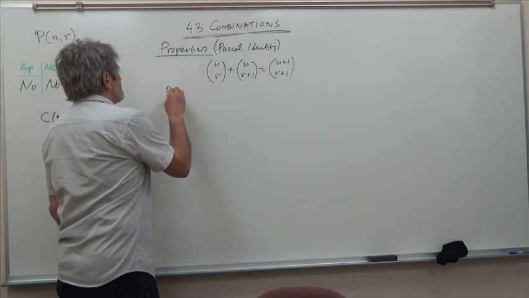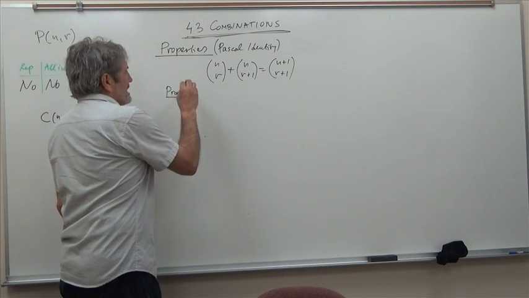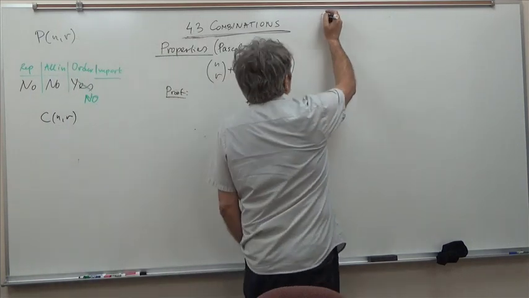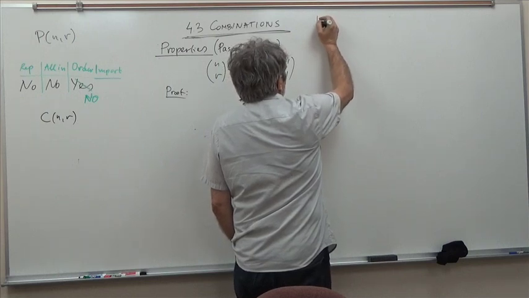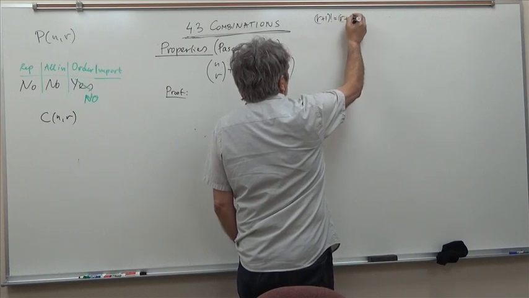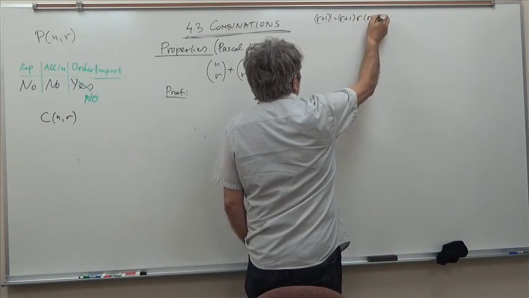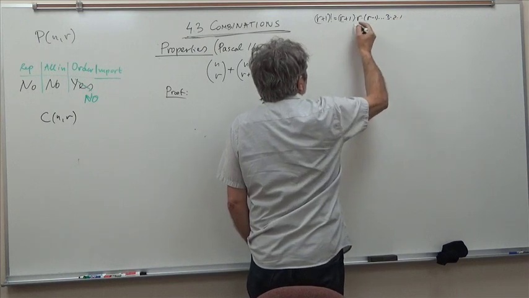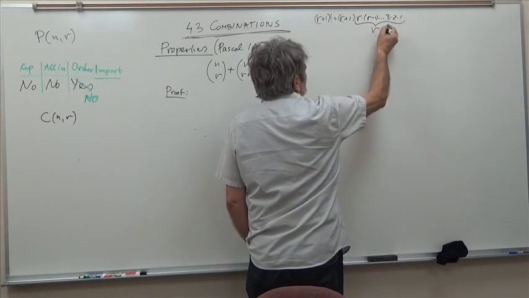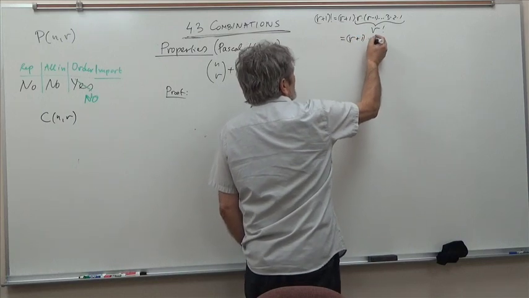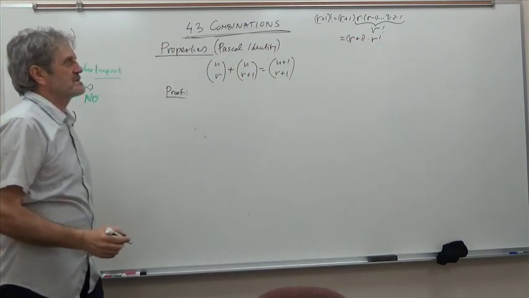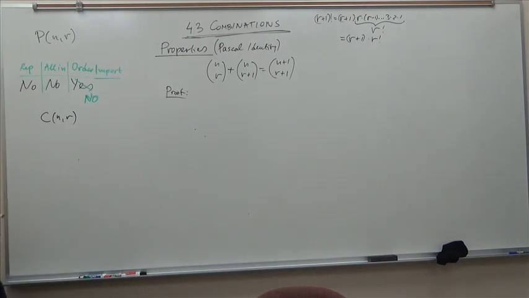So, proof. The crucial idea will be something that I mentioned in the previous section, and that is, if I have r plus 1 factorial, that's r plus 1 times r times r minus 1, down to 3, 2, 1. But this is actually r factorial. So r plus 1 factorial can be written that way; I start making a factorial, and all the others are still boxed in that construction.